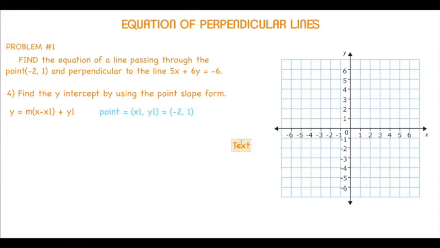So next step, we insert the m with the slope, and x1 and y1 with the point that the problem has given to us. So we get y equals 6 over 5 times x minus negative 2, plus 1. So next, we're going to simplify it.